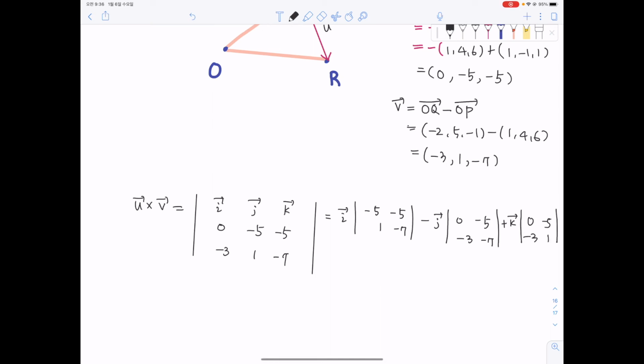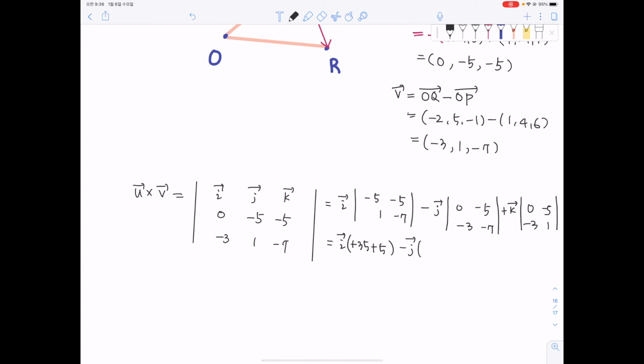So it is i times plus 35 minus 5, minus j times 0 minus 15, plus k times 0 minus 15. So 40i plus 15j minus 15k. So it is 40, 15, minus 15.